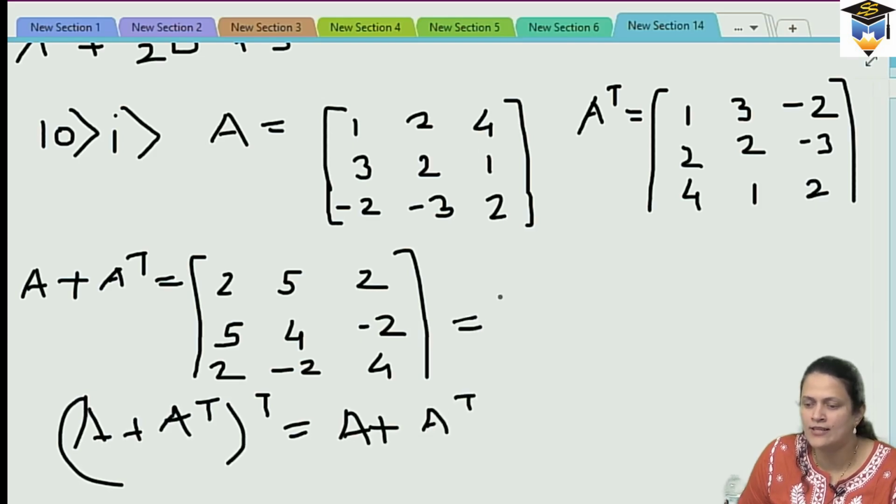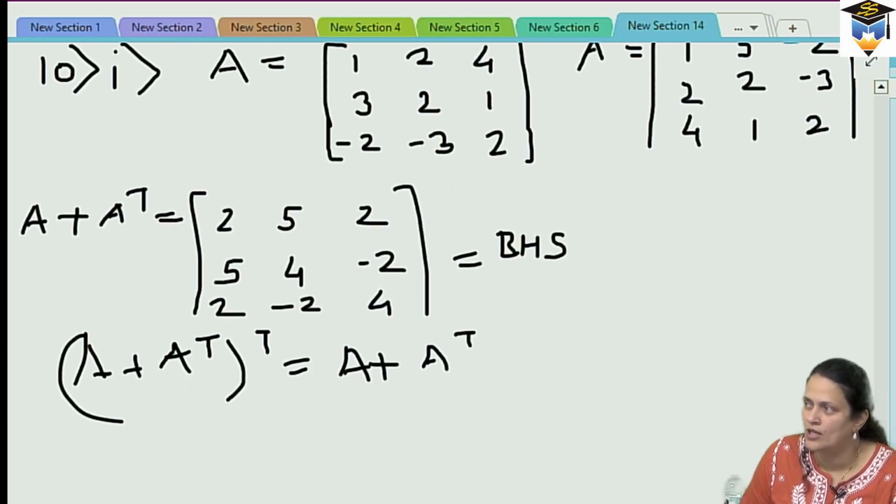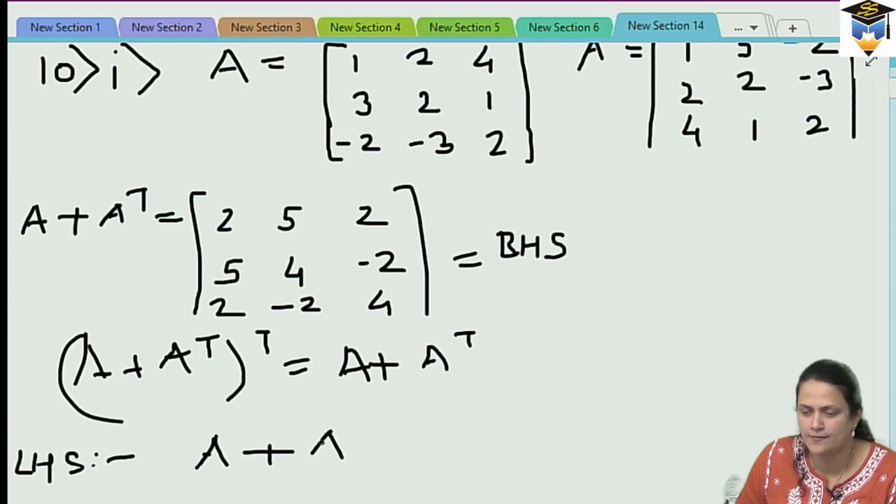Okay, so now this is our RHS. Now we have to see whether our LHS is coming one and the same or no. So A plus A transpose of transpose, let us find out the LHS. And if it is equal to the RHS, we can say it is a symmetric matrix.